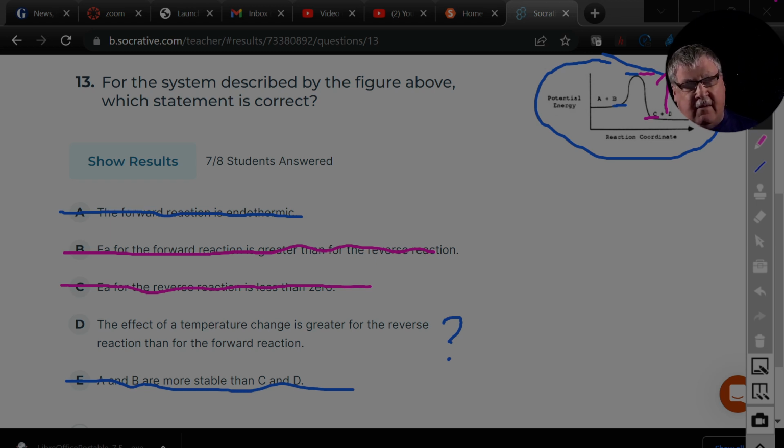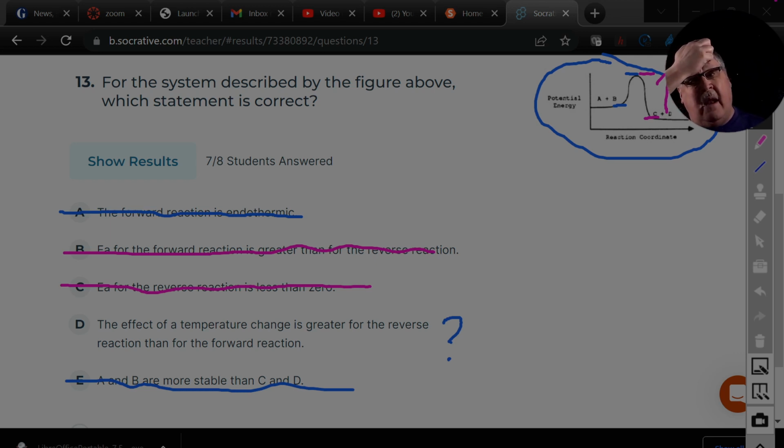That's basically one of the things that we get from the Arrhenius equation. And it's true here. The reverse reaction has a larger activation energy than the forward reaction. Because of that, if I increase the temperature, there's going to be a disproportionate increase on the rate of the reverse reaction versus that of the forward reaction.